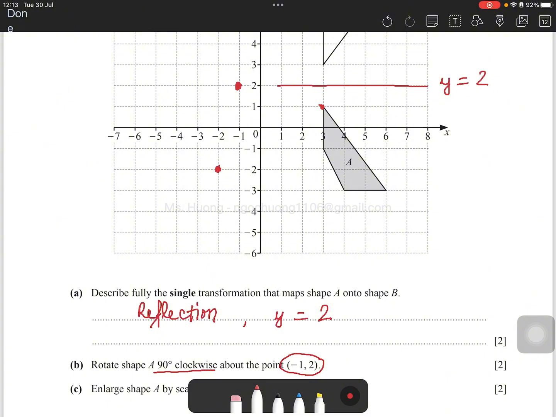Next, we'll look at this vertex. And we also rotate it 90 degrees clockwise. So the image of it is here. And I also remove the blue lines.